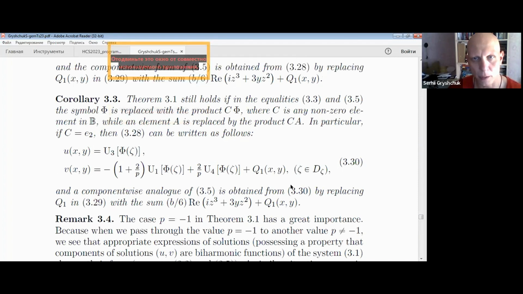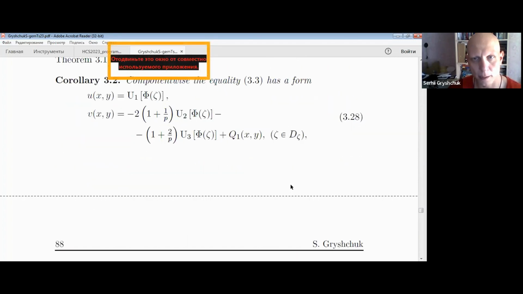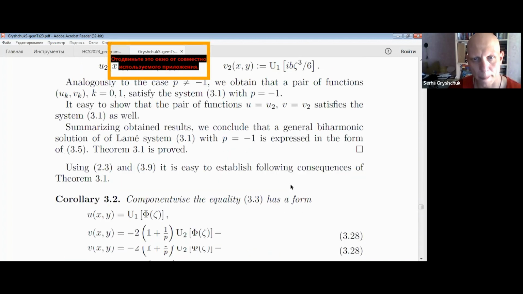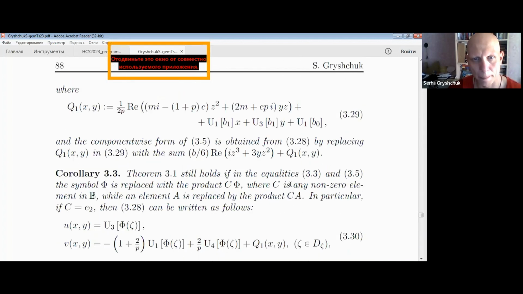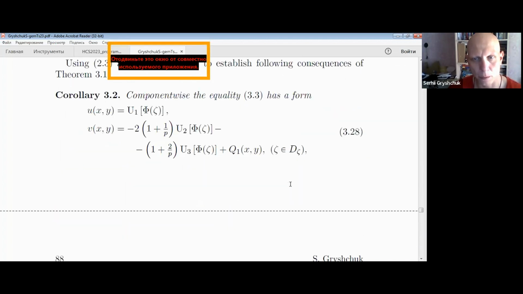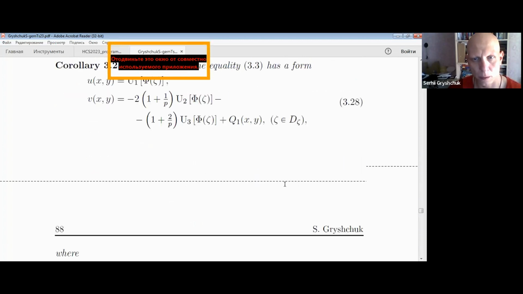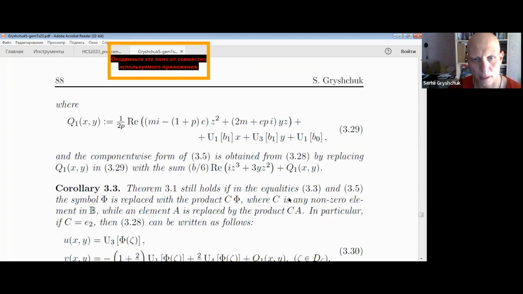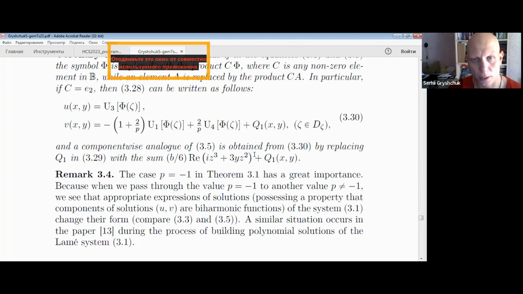This is the previous polynomial Q plus Q1, plus such an extra term.